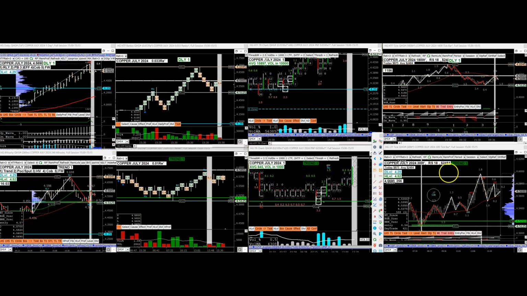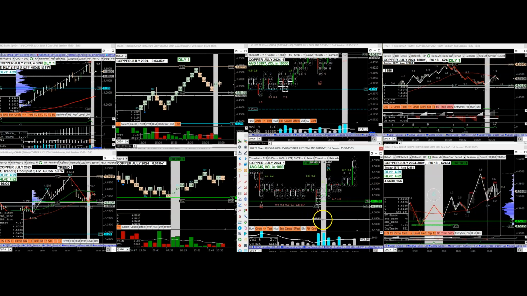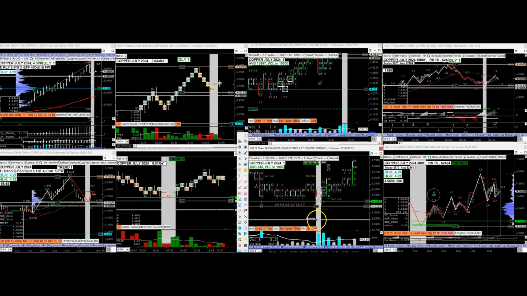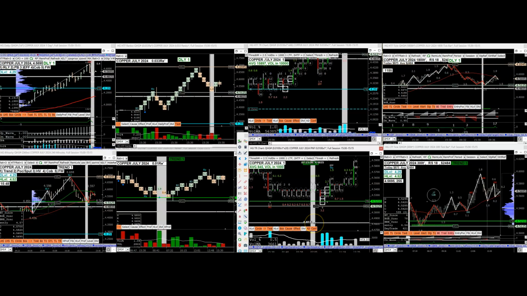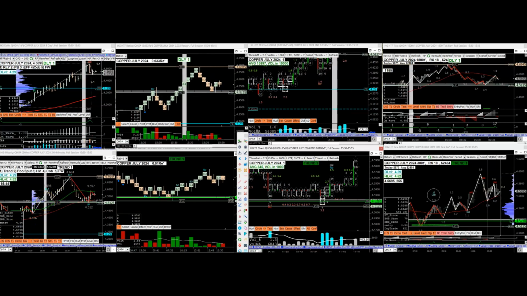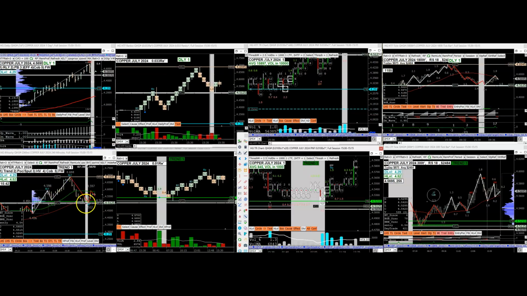All right, so this is the other accumulation campaign, two-day. How do you find it? Because you have to develop the skill. Basically, there's always a level. Price goes to that level.